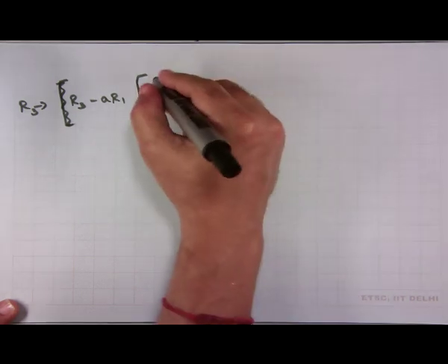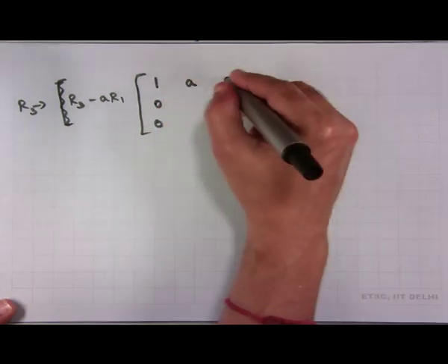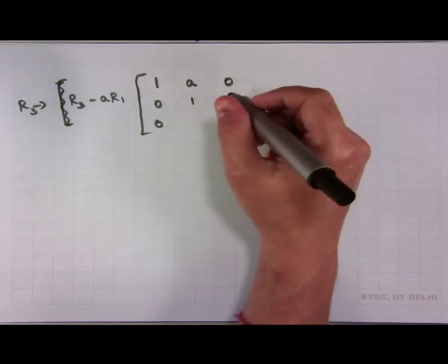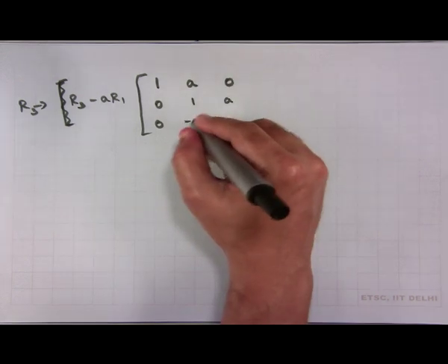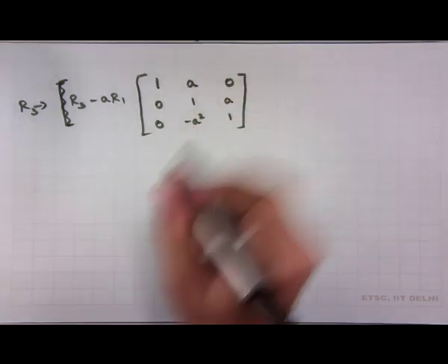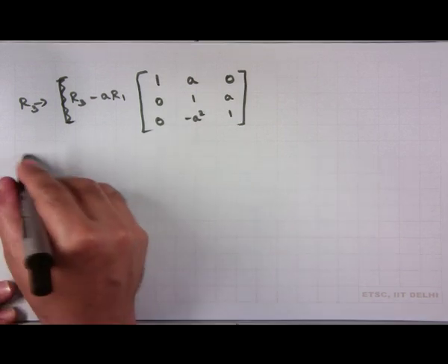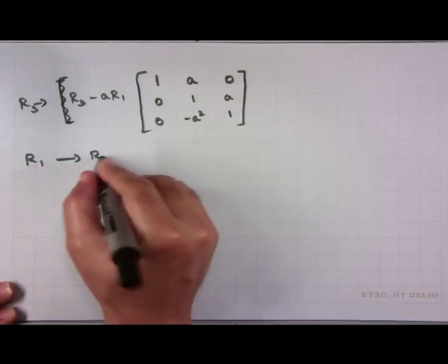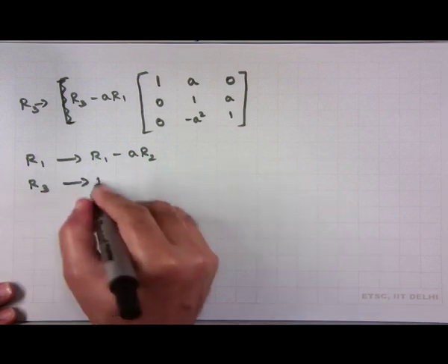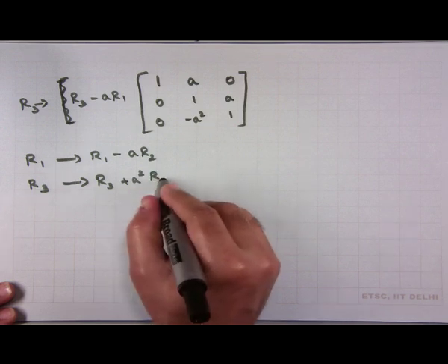The first row remains unchanged, even the second row 0 1 a, third one 0 minus a times a, you will have minus a square, 1 minus a times 0, you have 1. So, let us convert the other two elements a and minus a square into zeros. R1 is replaced by R1 minus a times R2, and R3 is replaced by R3 plus a square times R2.